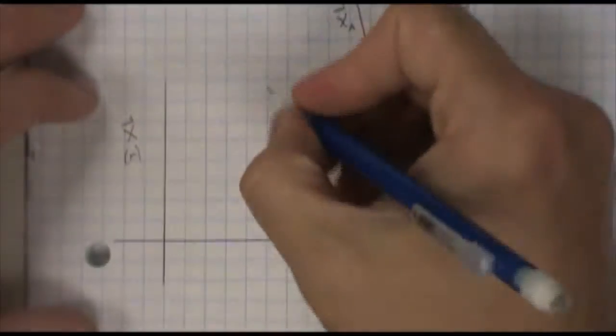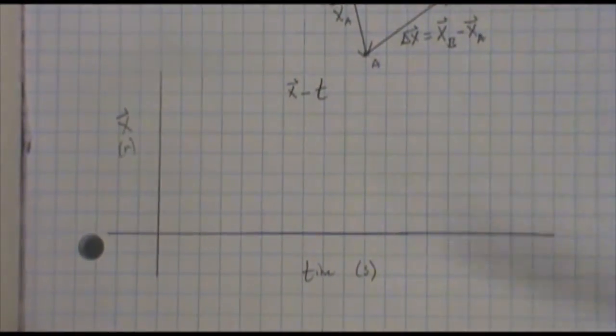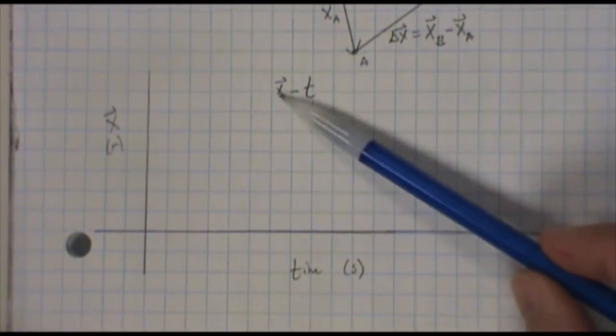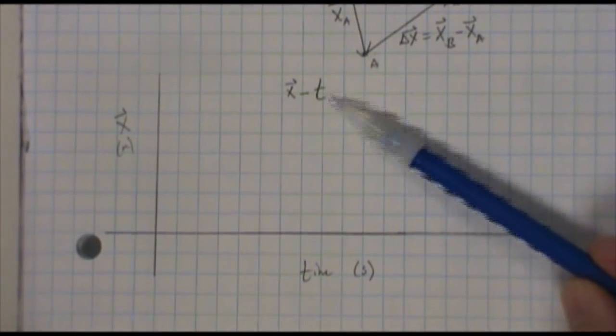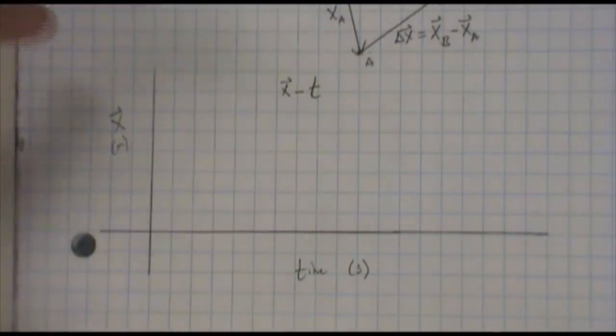This is called a position time graph, which we write position dash time, which we can intuitively read position versus time. How does the position change as time changes?